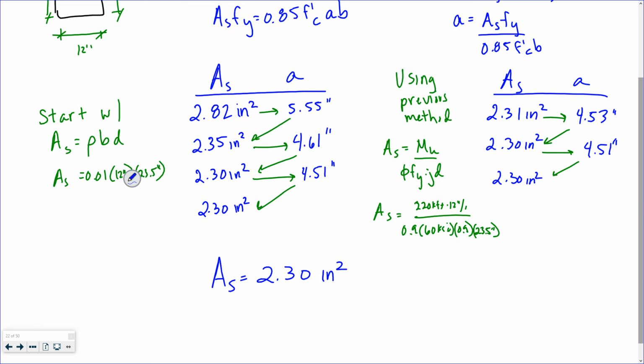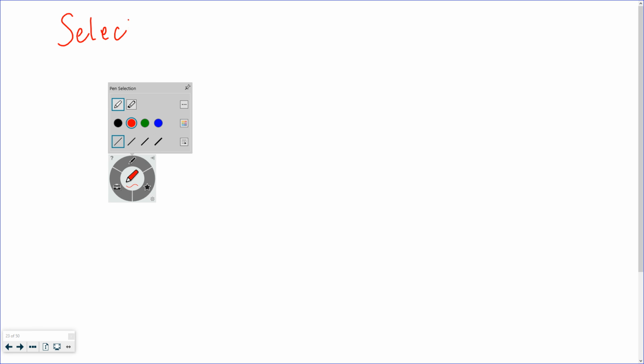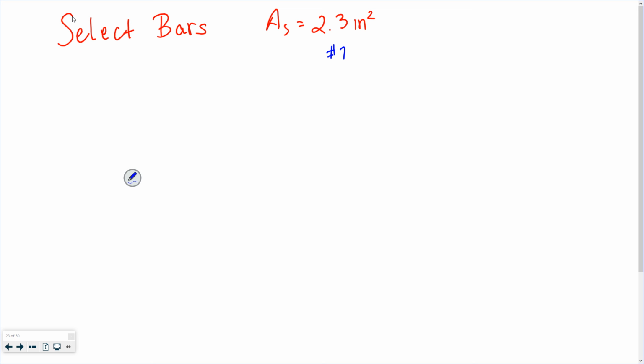We should probably check ASMin. So I'm going to select my bars. Let's see, if I use number 7s that have an area of steel of 0.6, am I making this up? 0.6.